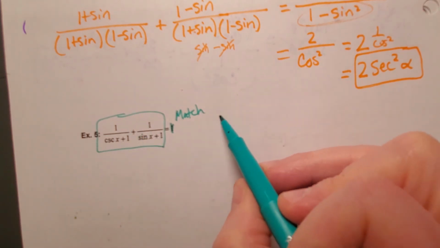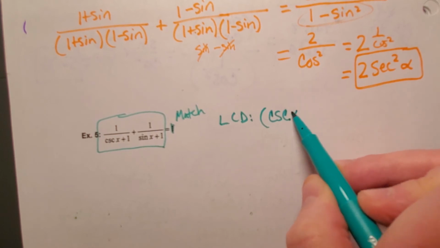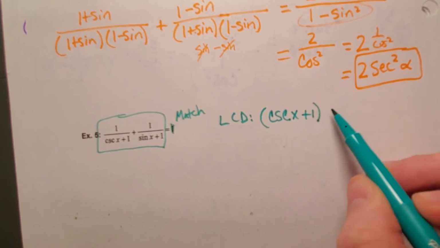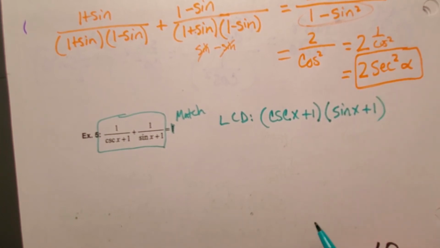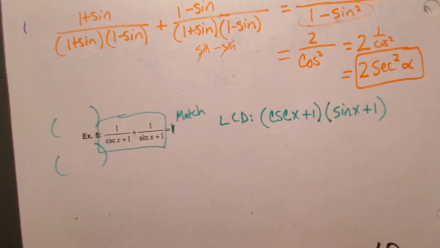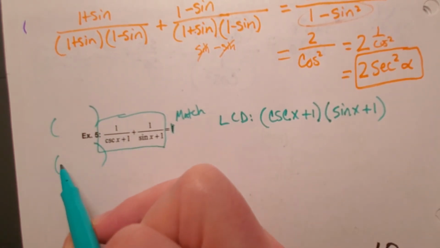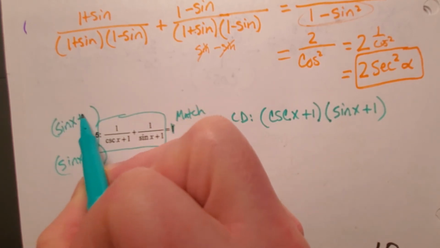My LCD, lowest common denominator, is going to be that cosecant x plus 1 multiplied by sine x plus 1. So on the left-hand side, I need to multiply the top and the bottom by what's missing: sine x plus 1.